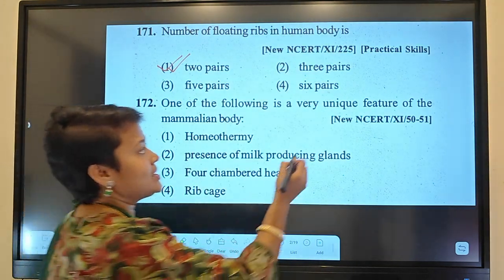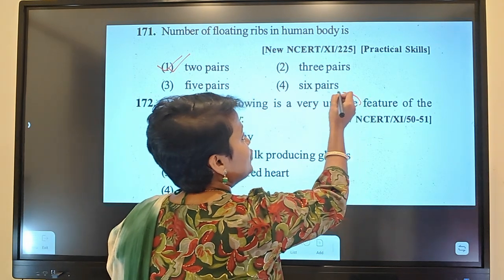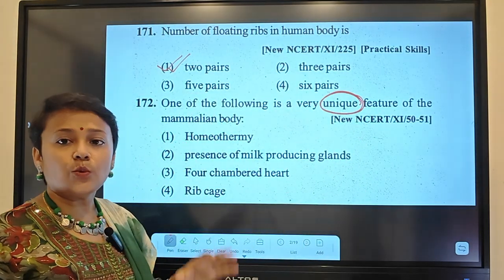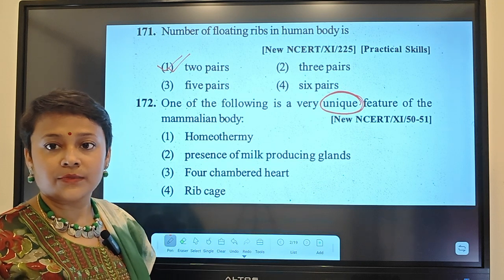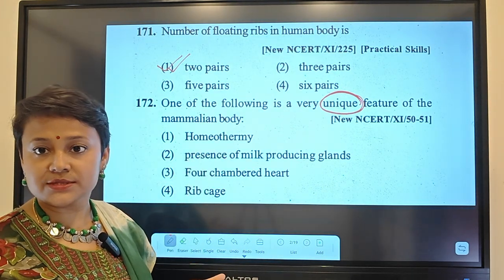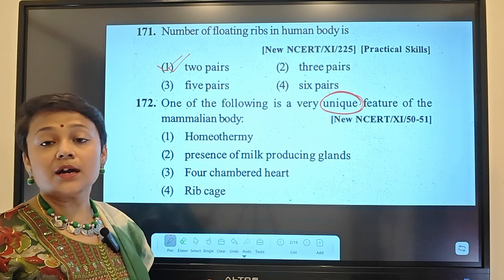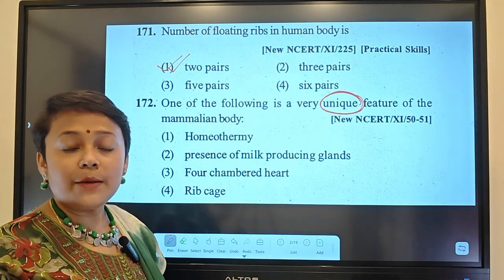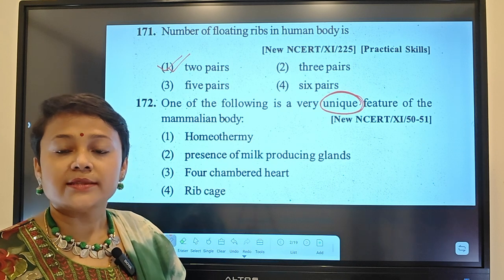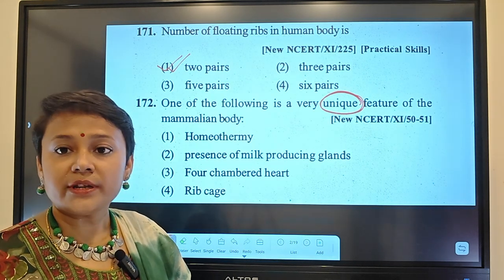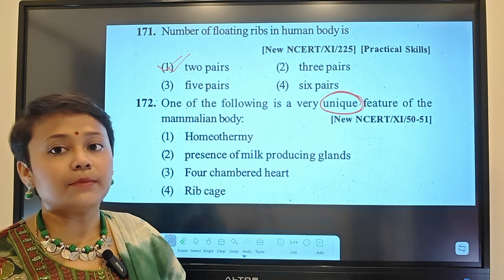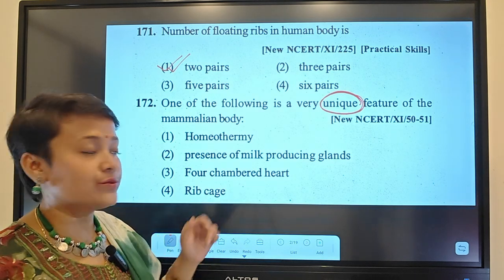But here it is asking which one is the unique feature, meaning present only in mammals. If we see aves, they are also homeotherms, right? Reptiles and amphibians are poikilotherms. They cannot maintain their body temperature; it changes according to the environment. But aves and mammals both are homeotherms.